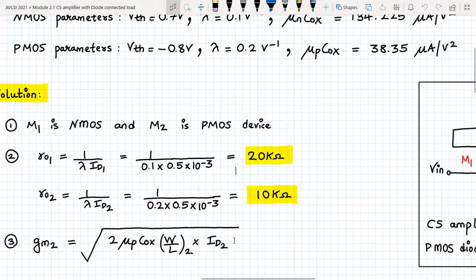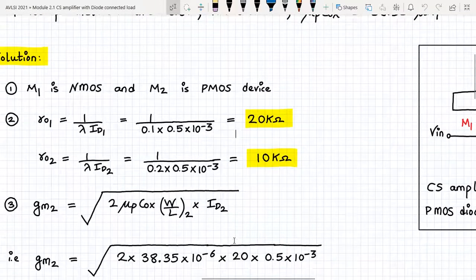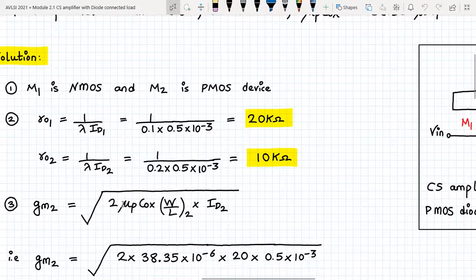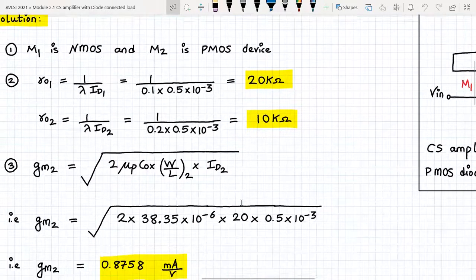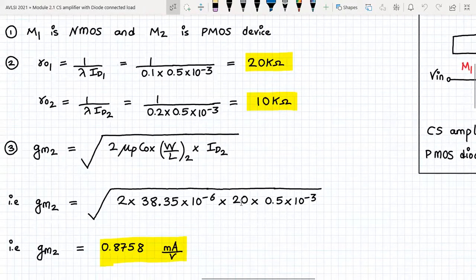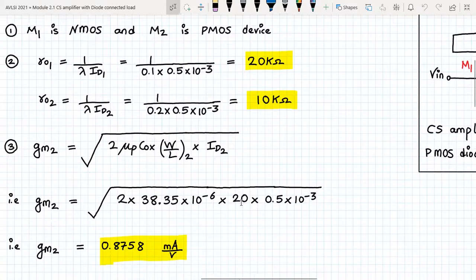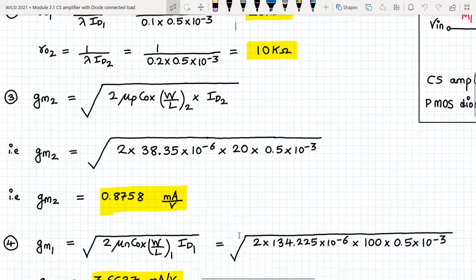Now, let's calculate the value of GM2. GM2 will be the square root of twice mu p Cox W by L of 2 into ID2. All the values are available to us. Plug in the values in the calculator and you will get GM2 as 0.8758 milliampere per volt. Next, we calculate the value of GM1.